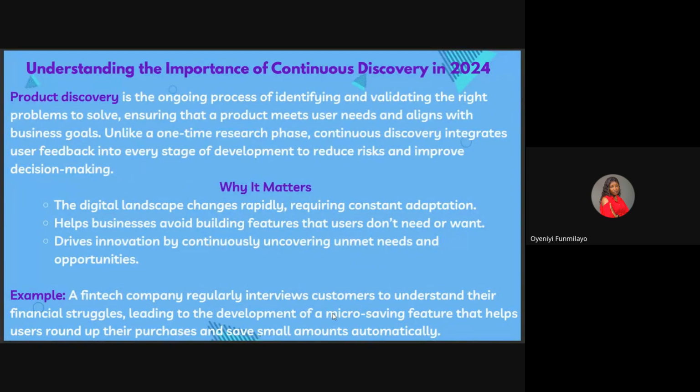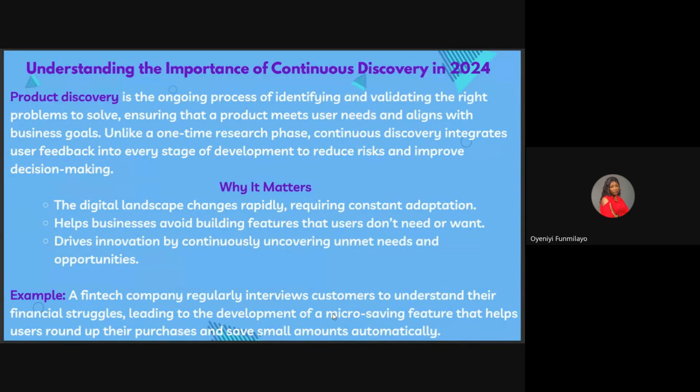Why does product discovery matter? I said digital landscape changes rapidly, requiring constant adaptation. Exactly. And then it helps businesses avoid building features that users don't need or want. If you are continuously doing product discovery for your product, honestly, the best thing you'll be doing for yourself is you're saving time and energy for your brand.